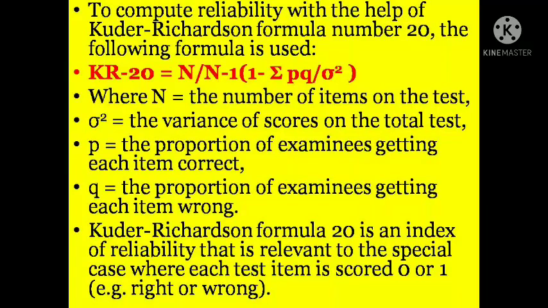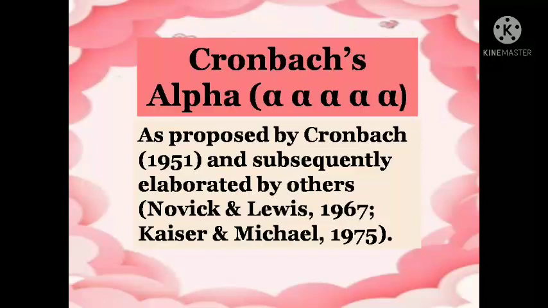Kuder-Richardson formula 20 is an index of reliability that is relevant to the special case where each test item is scored 0 or 1, for example, right or wrong.